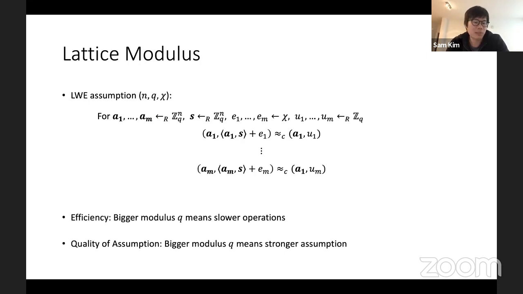If you have a bigger modulus Q, then the PRF that relies on this LWE assumption has to work over a bigger ring or bigger field, so the operations of the PRF become slower. The modulus Q also impacts the quality of the LWE assumption. If you have a PRF that relies on LWE with superpolynomial modulus Q, then the PRF is relying on a much stronger assumption than LWE with just a polynomial modulus Q.